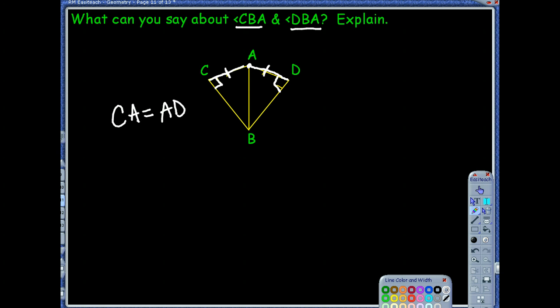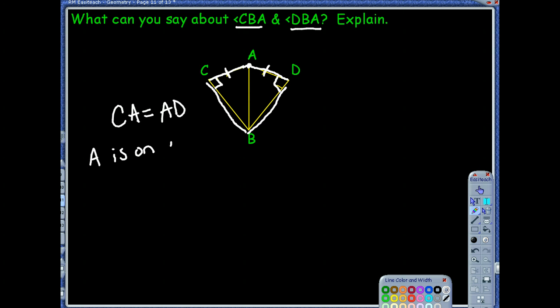Okay, so I already know that, which then means that point A is actually on the angle bisector. And what angle are you talking about bisecting? Angle CBD, because again, it's equidistant to the sides of that angle, which means that it's got to be on the angle bisector.